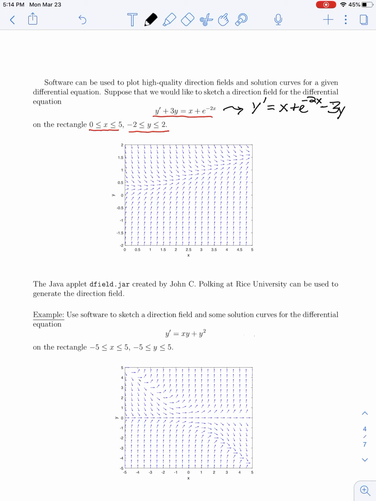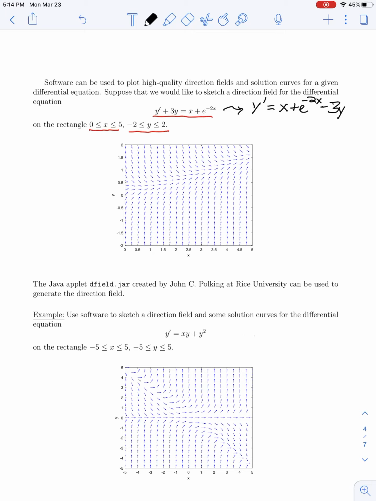Because of this exponential function, it becomes difficult to evaluate the slope of our tangent line, y prime, because we don't really know what is, say, the value of e to the negative 2 power if I chose x to be 1? We don't know that very well without the use of a calculator or software.